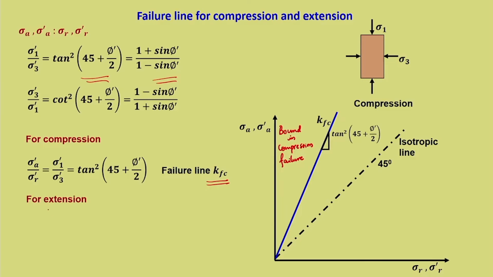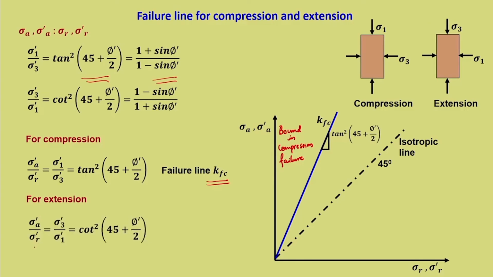Similarly, for the other bound, that is for the extension case, we know that in extension sigma A dash is equal to sigma 3 dash. So, sigma A dash by sigma R dash is equal to sigma 3 dash upon sigma 1 dash, which is cot square 45 plus phi dash by 2. So, that is the failure line for extension.